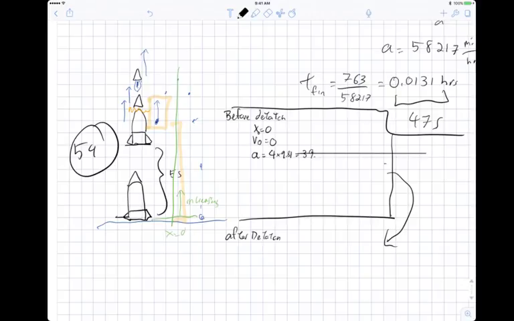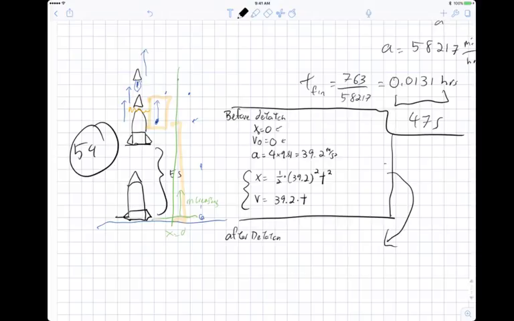Whoa, where'd that come from? 39.2 meters per second squared. Okay. So the position versus time equations will be position is equal to 1/2 times 39.2 t squared, since initial position and velocity are 0, and v is equal to 39.2 times t.